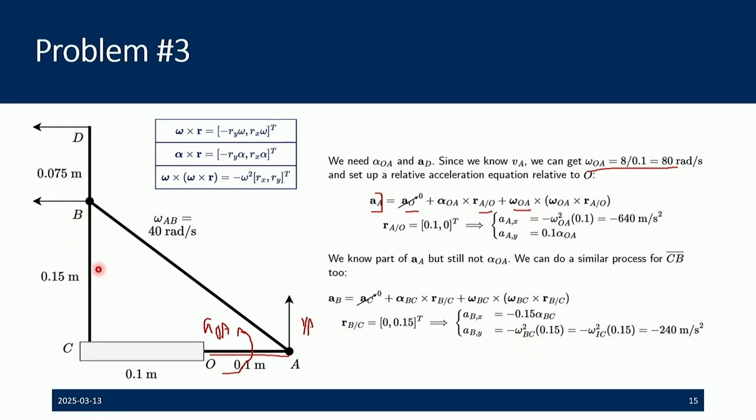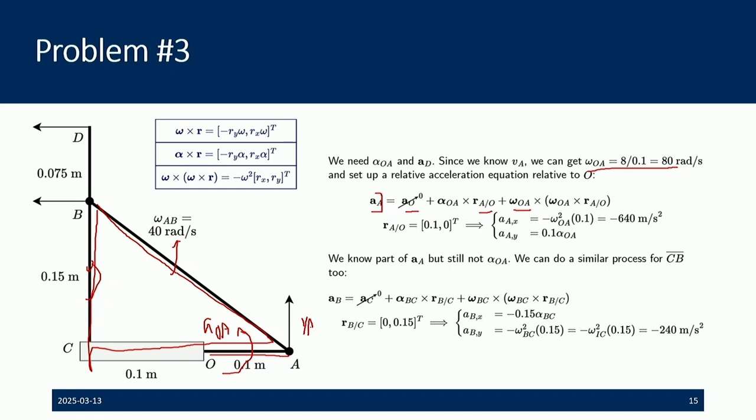Now, this was actually coinciding with the rigid body, the instantaneous center. So you can set that omega BC equals omega AB, right? Because it's on the same... I don't think I extracted the figure here. This whole thing can be treated as one single rigid body. It's like a giant triangle here. So this rotation is the same as this rotation here.